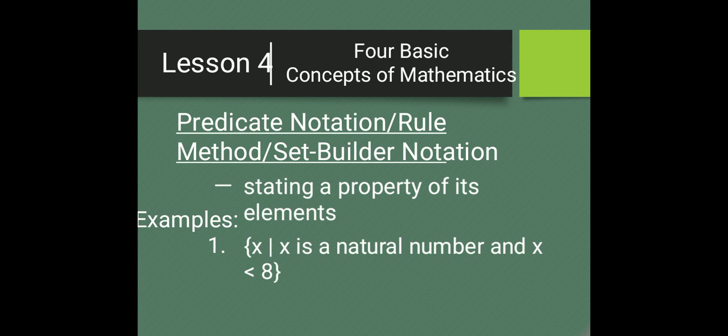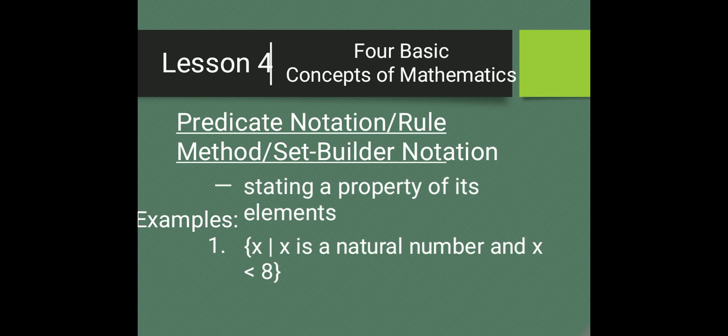Now, we don't typically write the elements. So, in-state lang natin yung property. So, ang tawag sa specification ng set na yan is itong tinatawag na rule method or set builder notation. Okay, nakuha? So, kumbaga, paano pala basahin yan? Okay, say for example, yung number 1, let's name that set as set A. So, kung babasahin natin yan, ito mangyayari.